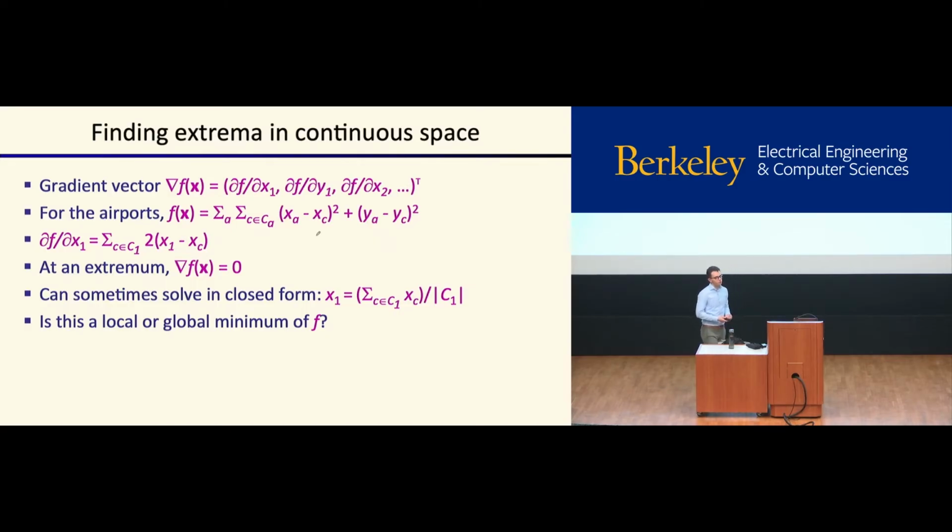Yeah, exactly. So for folks who didn't hear, this is a particular solution that solves the continuous problem, provided that you know which cities are closest to which airports. So for a given setting of which airports collect which cities, this will be optimal. But if you move the airport closer to a city that wasn't in its range before, now you might include that city in this average process, and you'll get a different C1 here, you'll get a different C2.